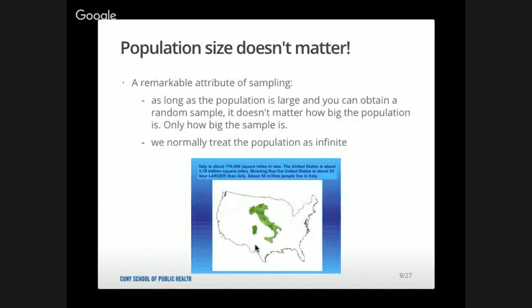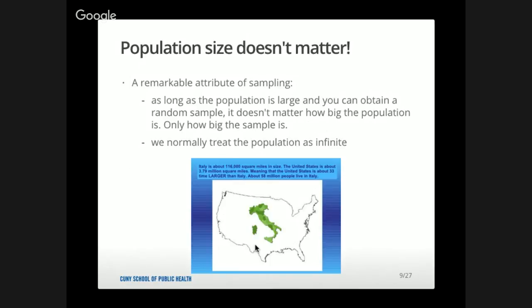This is, I think, a really remarkable and underappreciated attribute of sampling, that the size of the population does not matter. So whether you're talking about Italy with 58 million people, the US with 300 million people, the number of people in the population does not enter into any of the statistical calculations that you will use.